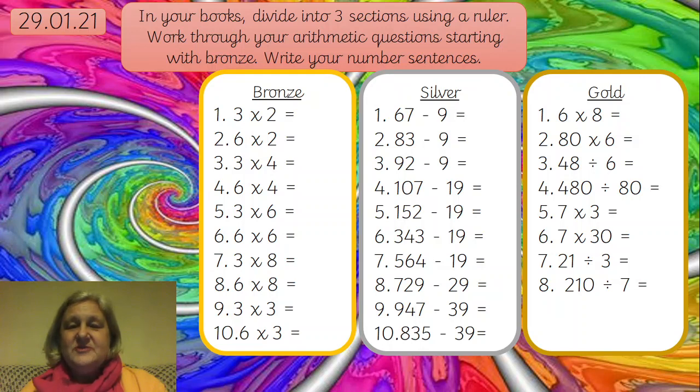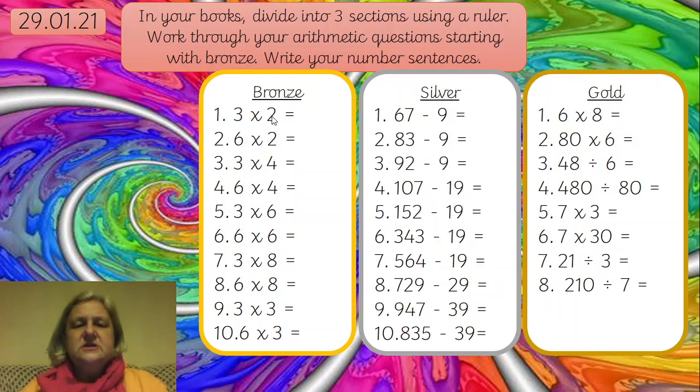Here's your arithmetic. So if you want to get that started, that would be brilliant. You're using your bronze, you're using your 3 times tables to get your 6 times tables. And if you can remember how you do that, you get your answer for your first one, 3 times 2 would be 6. And because the question has been doubled here, you can double your answer.